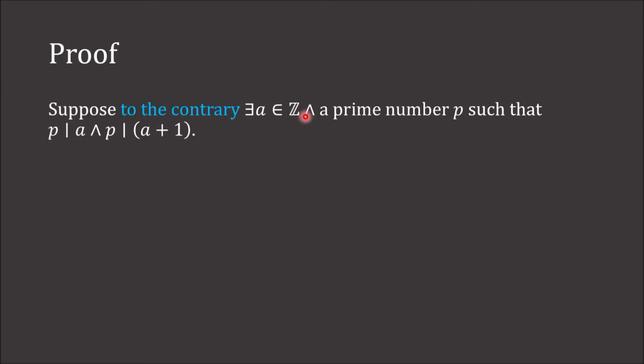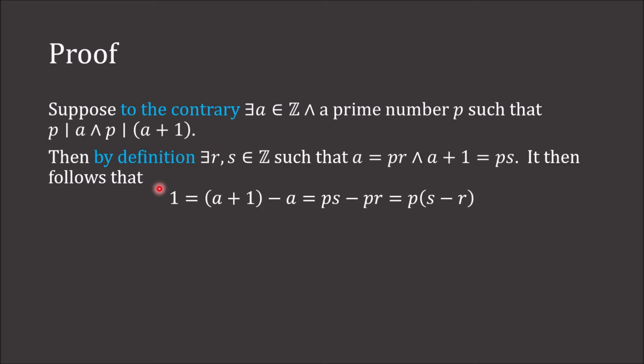So again, we're going to use contradiction. So suppose, to the contrary, that there is an integer a and a prime number p, such that p divides a and p divides a plus 1. So by definition, we have to have integers r and s, such that a is p times r, and a plus 1 is p times s.